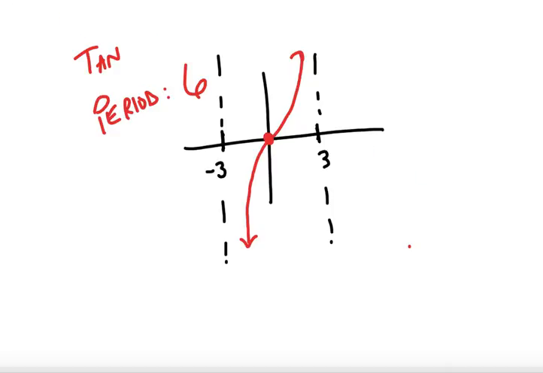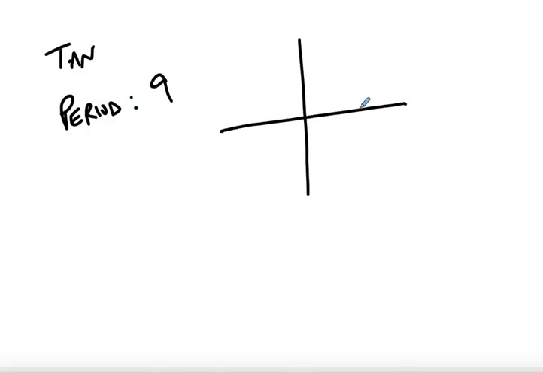Let's say that I had tangent and the period was 9. So we're going to go half of 9 to the right and half of 9 to the left. Well, what is half of 9? You could just do 9 over 2, and then -9 over 2.